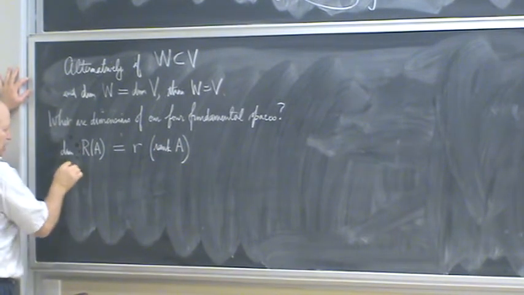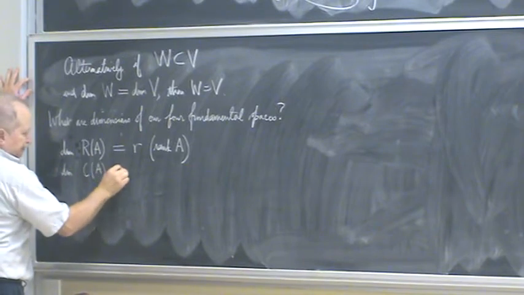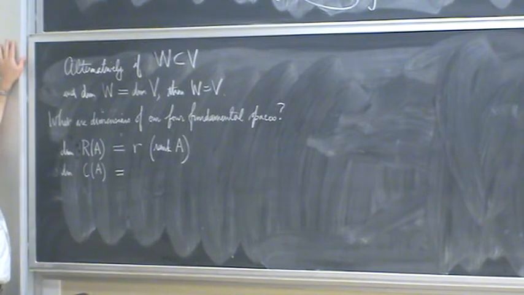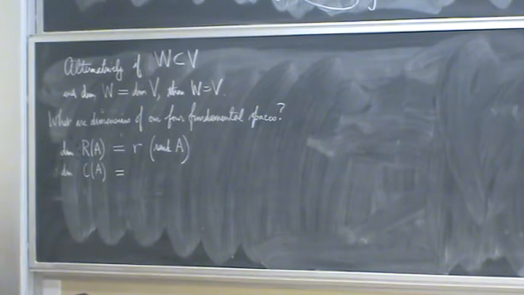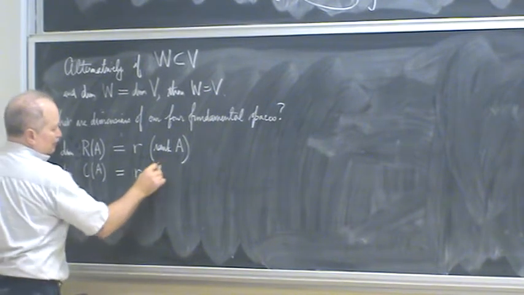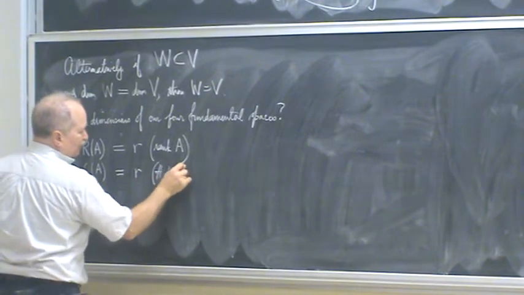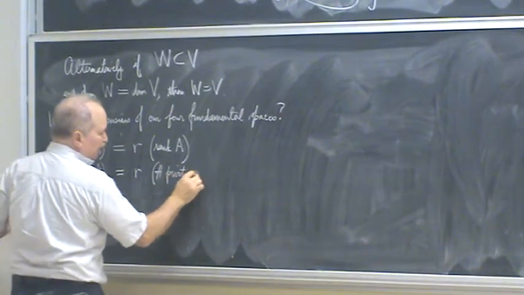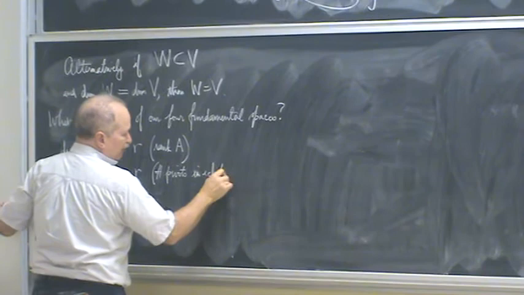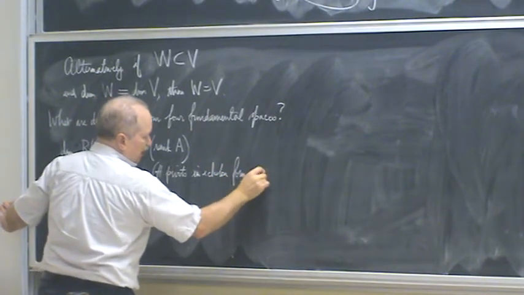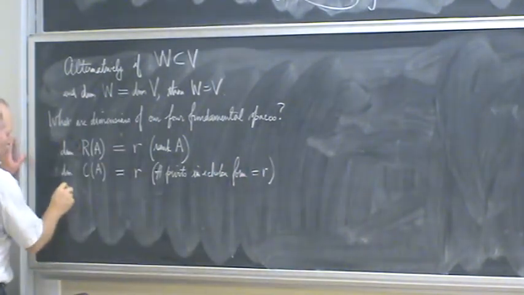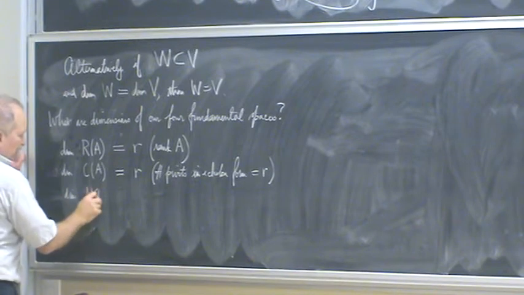Now, what's the dimension of the column space? R as well, because we've got one column for each pivot. Number of pivots is rank again. Number of pivots in echelon form is rank. What about the null space of A?